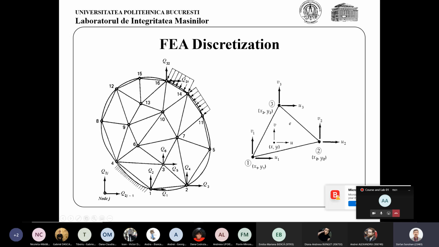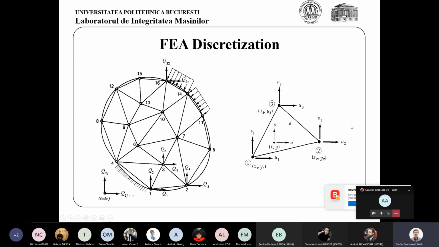So again, the main idea: I have a general body. Its shape is very complex. We split the body into simpler shapes such as triangles or sometimes quadrilaterals in 2D. And we consider that these smaller bodies, or finite elements, are connected in some nodes. We introduce some degrees of freedom as displacement only in these nodes.